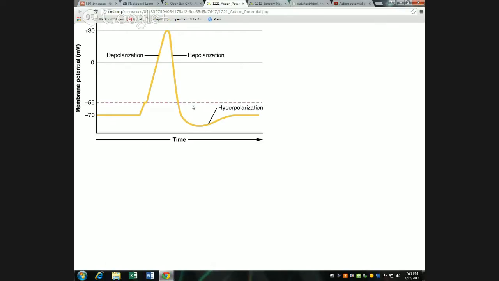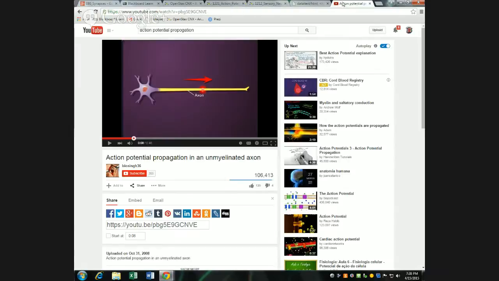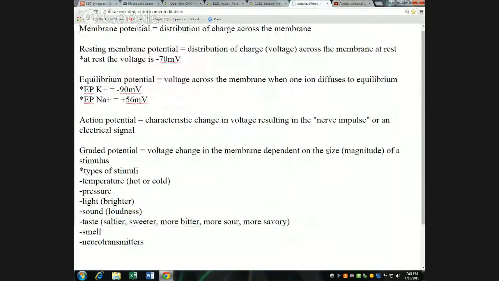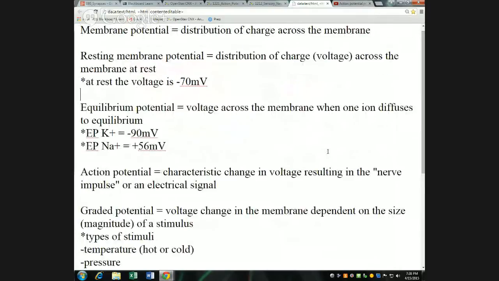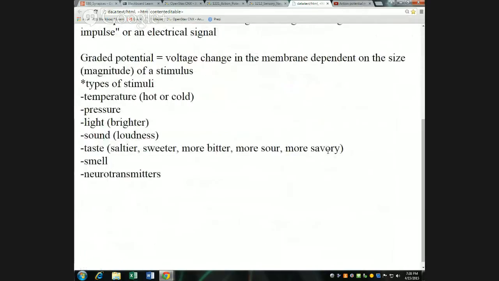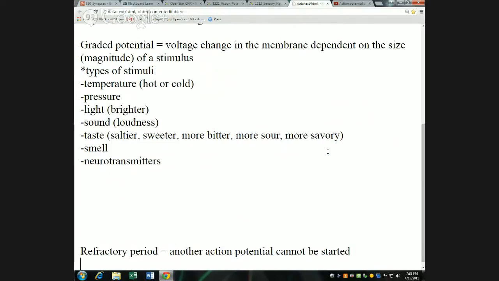Okay, the axon is in what's called the refractory period, which basically means another action potential cannot be started.